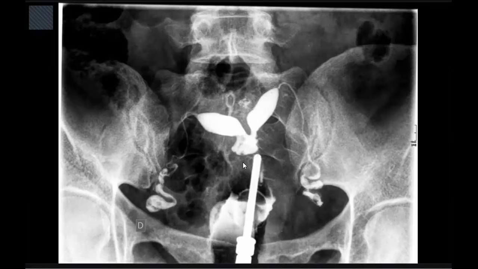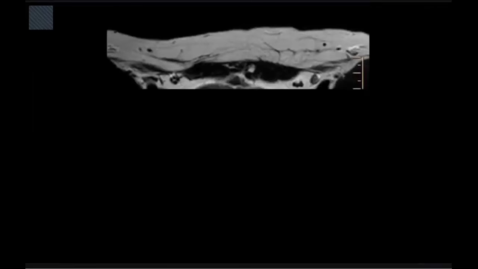As you have told the history of infertility in the past, I'm thinking that it is likely representing a septate uterus. What will you do next for this patient? Next, I would proceed with the MRI to look at the myometrium of the uterus, the myometrial contour.